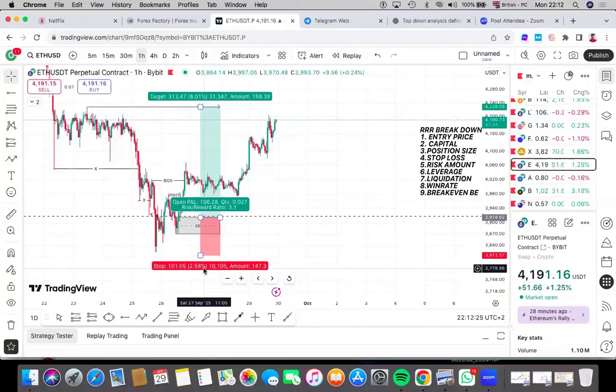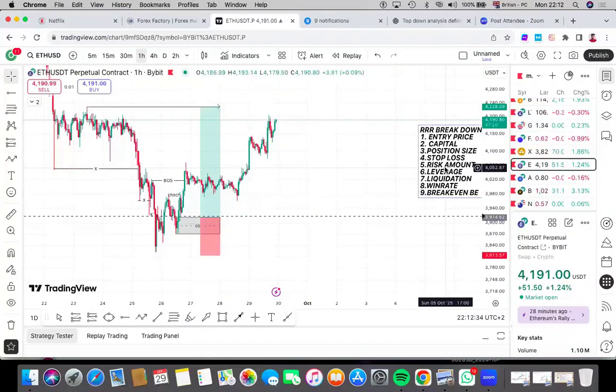But what really matters when it comes to the amount you can make in a particular trade, what determines that is your capital and the leverage that you are using. So if you are using 5x leverage, your expectancy in profit will be different from someone who is using 10x leverage.